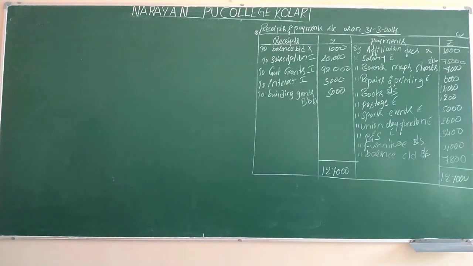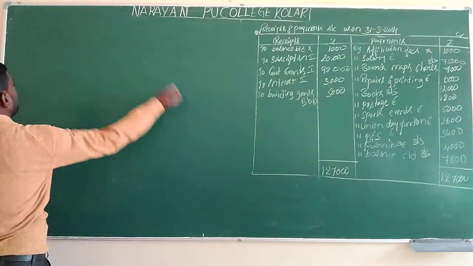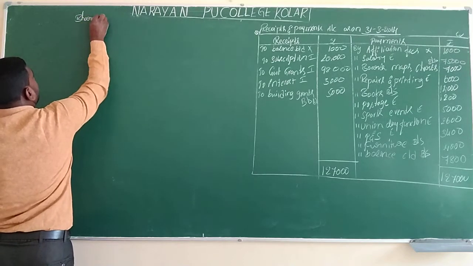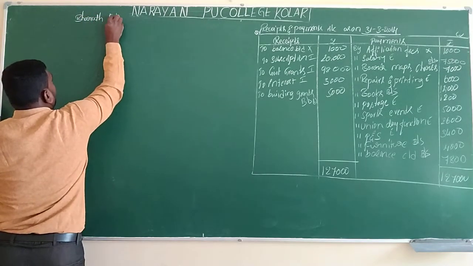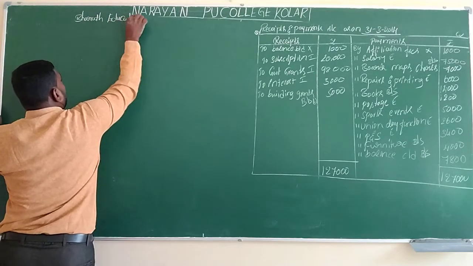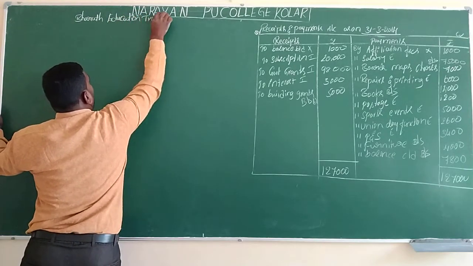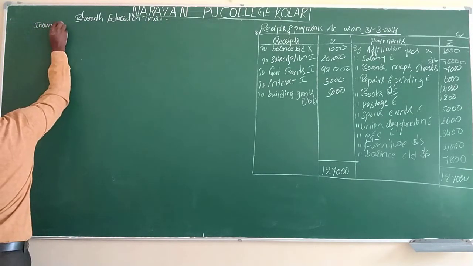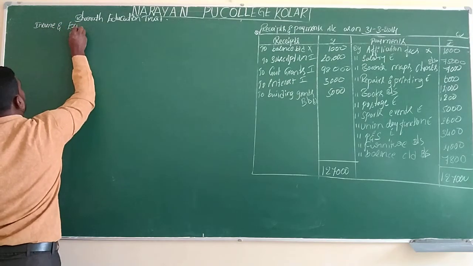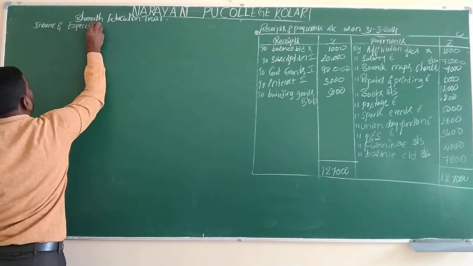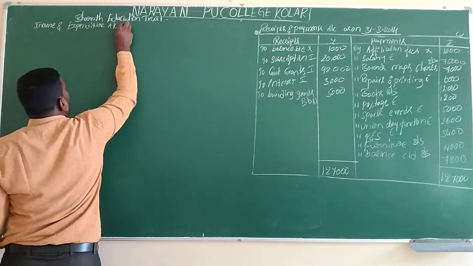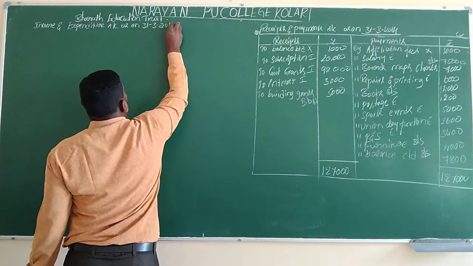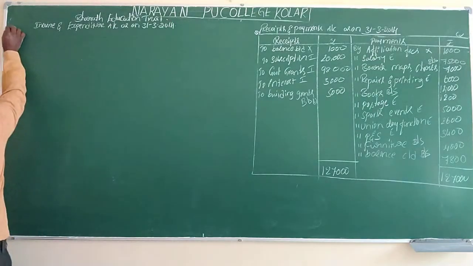First, we will draw the columns for income and expenditure. Before that, we have to write down the name of the NPO, Bharat Education Trust. For this income and expenditure account as on 31st March 2014, we will draw the columns.